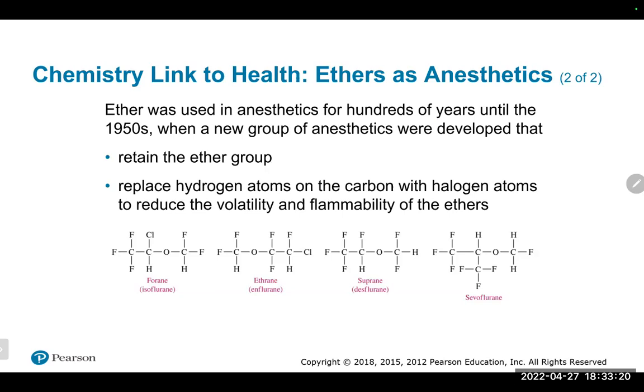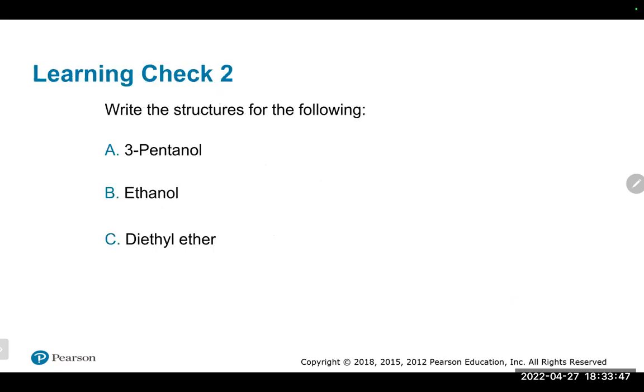They've swapped out a lot of the hydrogens that were there for things like fluorine, which makes it a little bit more tolerable for some people. But they still basically all have our basic ether group. And swapping out some of those fluorines reduces the volatility and also flammability, which is good as well. You probably don't want that place exploding into flame, I'm imagining.